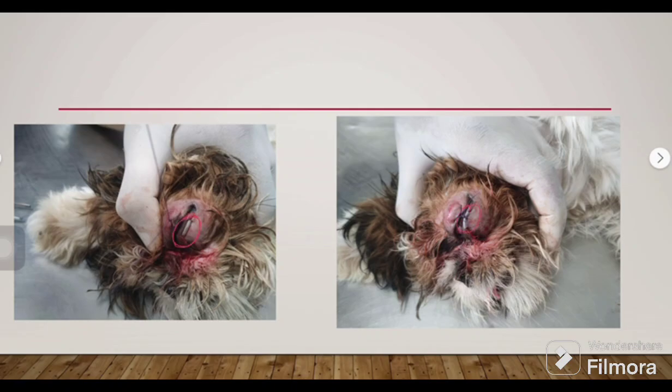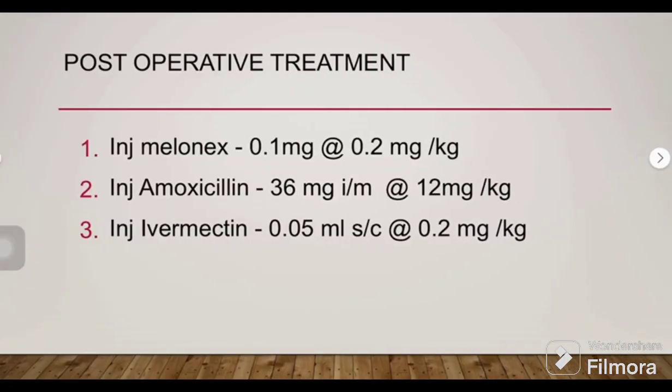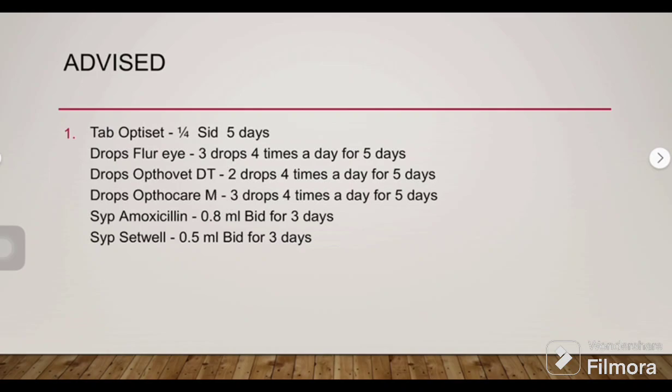Post-operative treatment: Melonex was given, the antibiotic amoxicillin was given, and an injection of ivermectin was given, and we advised tab Opticet 1/4 SID for 5 days, which consists of lutein, vitamins, and carotenoids.